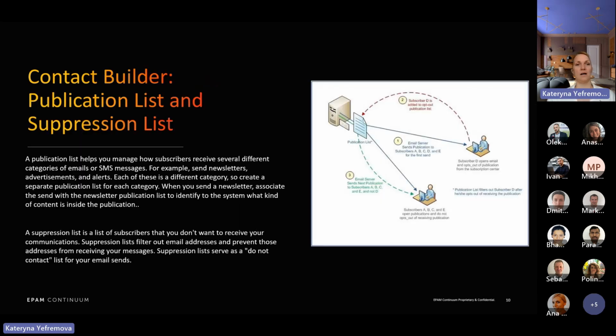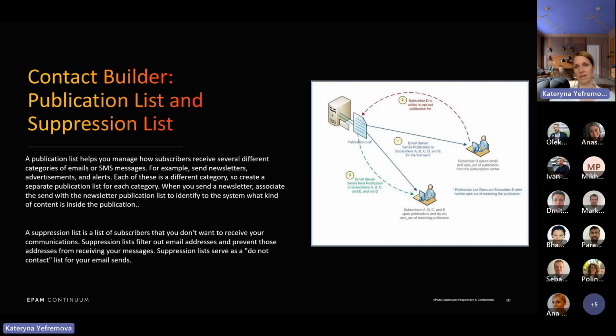Next important part: what we can do from within data extensions. Usually these data extensions take in information from any other clouds, or it could be integrated from different systems, even Excel. But when we have a ready data extension in Marketing Cloud, from this data extension we can create the most important thing, a publication list.